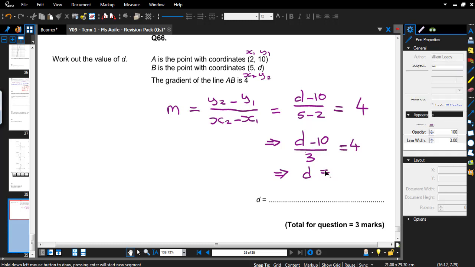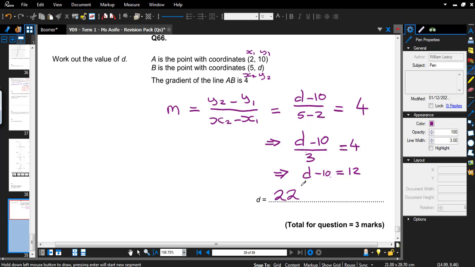I don't want to jump too far ahead for you. Let's say d minus 10 equals 12. That implies d equals 12 plus 10, which is 22. Done.